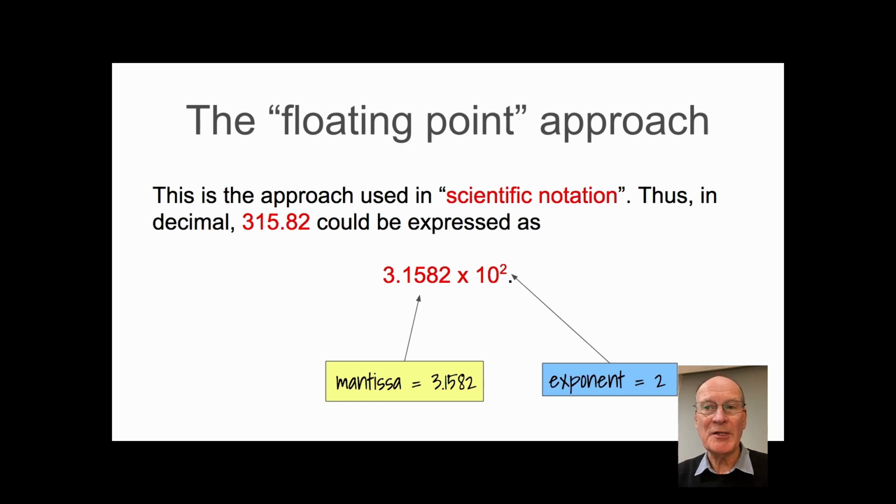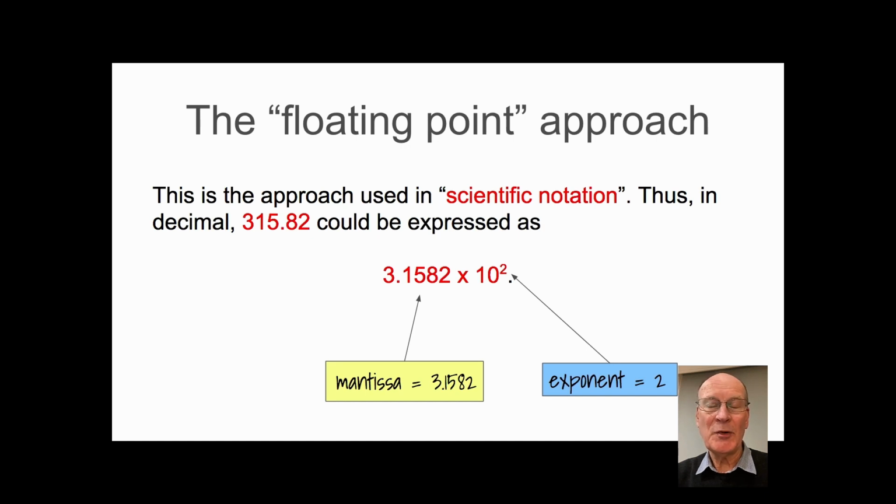Now, it's all based around something you're probably very familiar with from school, and that's the scientific notation for numbers. This is where you take a number, like 315.82 in decimal, and you move the decimal point in the number and then multiply the whole thing by the appropriate power of 10, so that you end up with a single digit to the left of the decimal point and multiply it all by a power of 10.